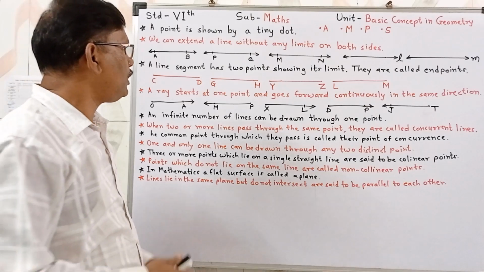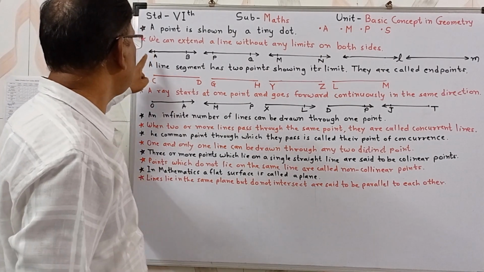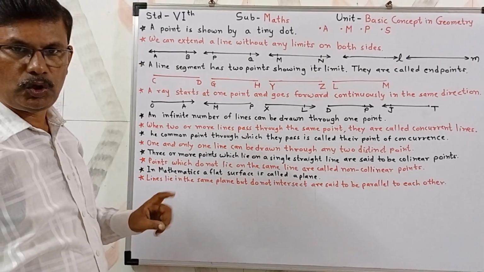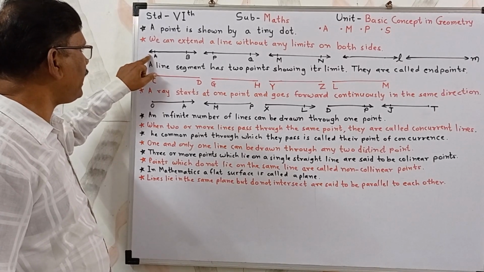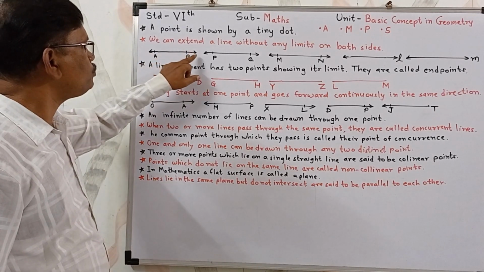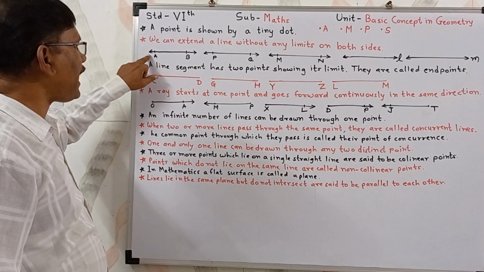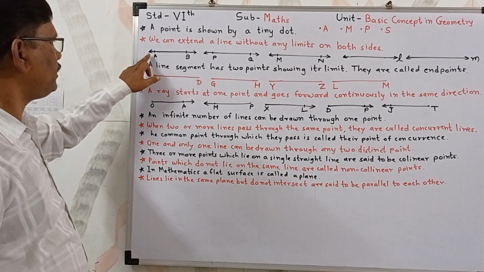So the extension we show by these arrows. A line has arrows to both sides. The arrow shows that it extends both sides.